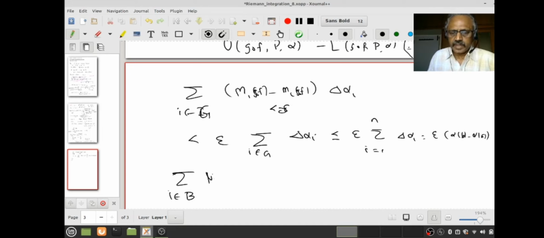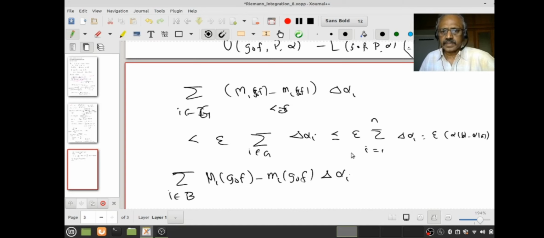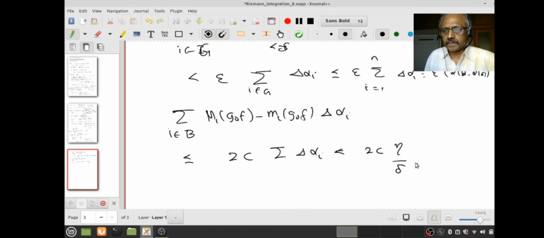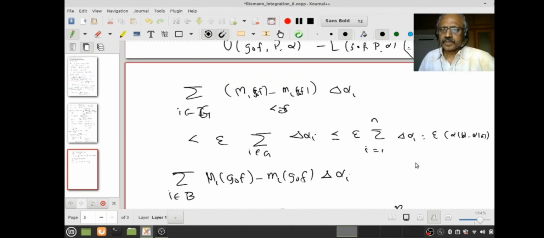This is capital Mi of g∘f minus little mi of g∘f into delta alpha I. But what do we know? I have no idea about this one. Therefore I can put a crude estimate, 2C times the summation of delta alpha I, but that is less than 2C times eta by delta, because that's how we made it.